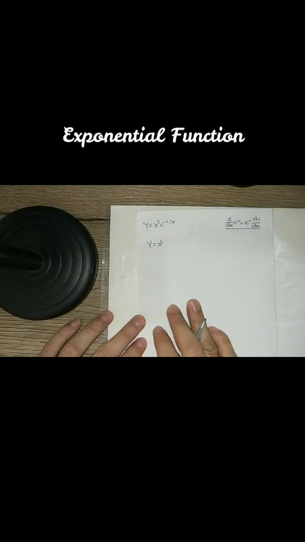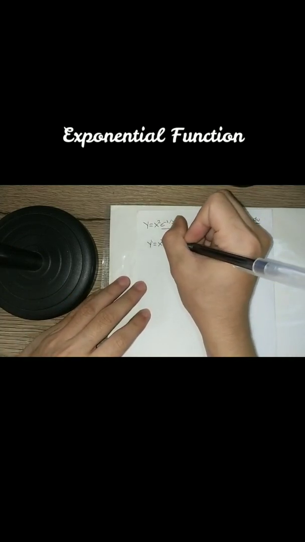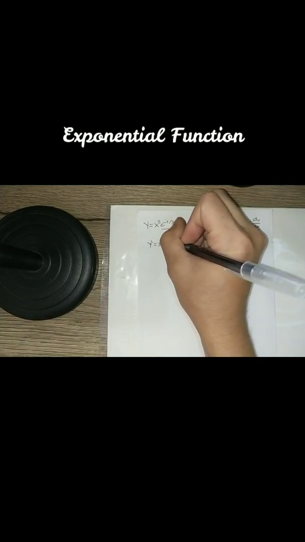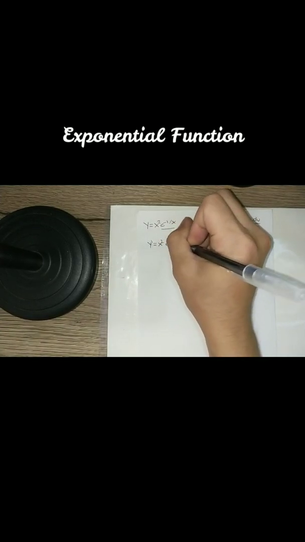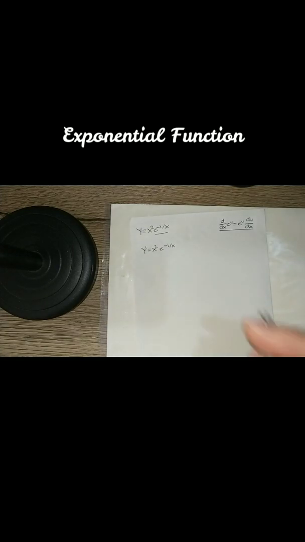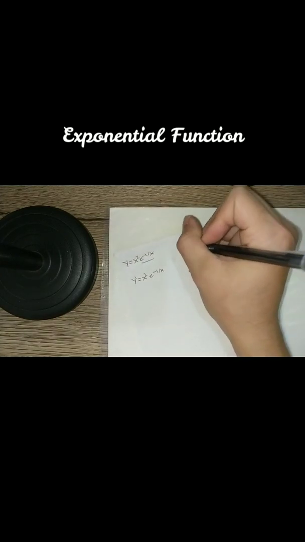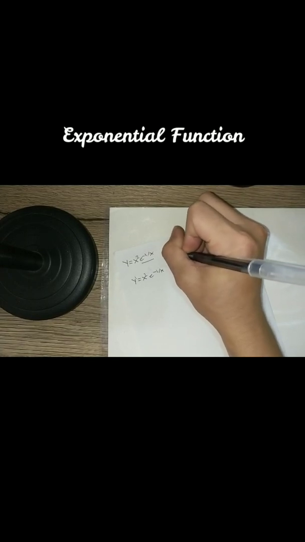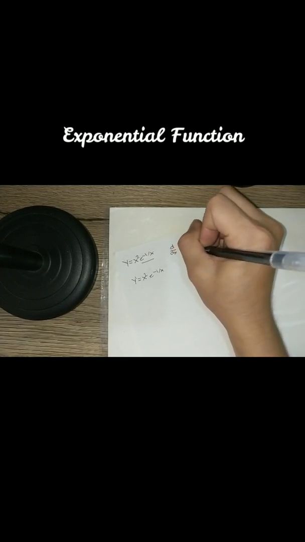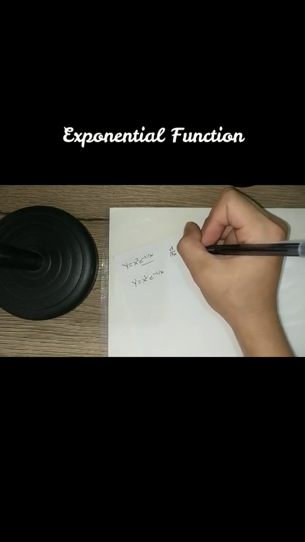Now we're going to take the derivative of our second term and just copy down e to the negative 1 over x. Then take the derivative with respect to x of negative 1 divided by x.